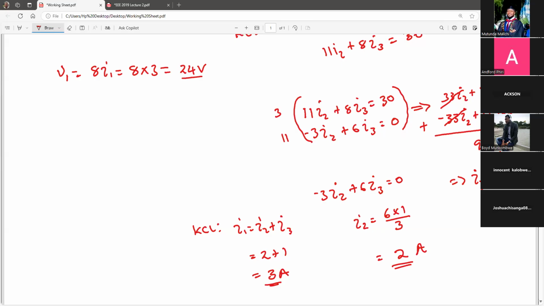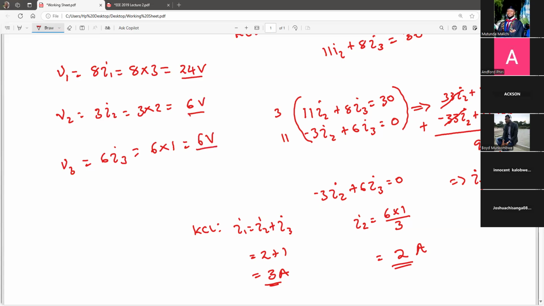V2 was 3I2, which is 3 times 2, giving us 6 volts. And therefore, V3 is equal to 6 times I3, 6 times 1, which is 6 volts.